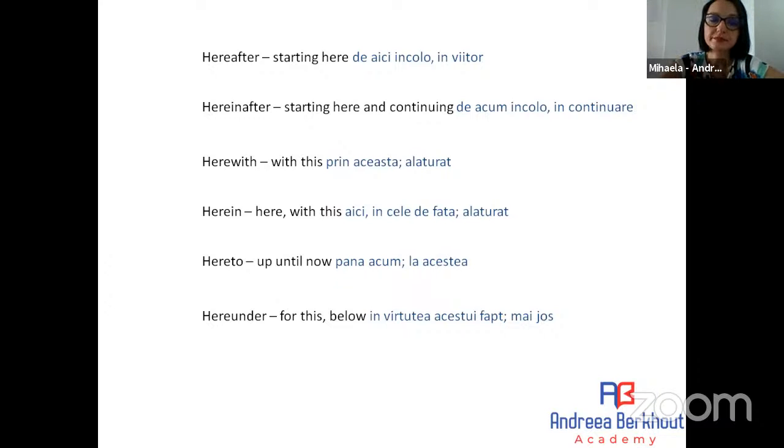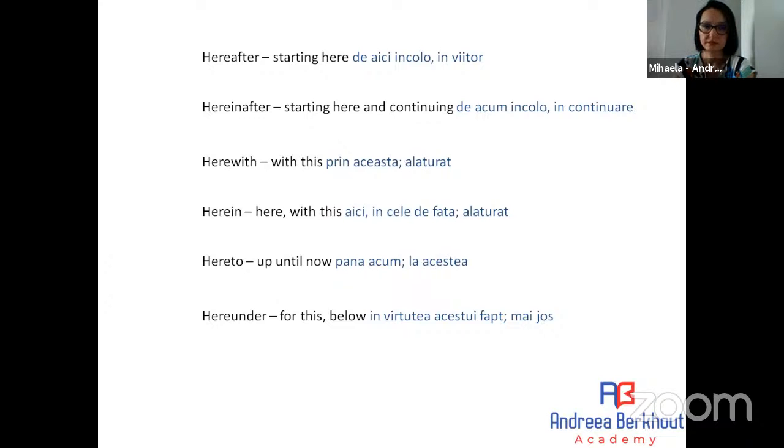Hereafter. Do I read the meaning? Yes. Also the Romanian part. Okay. Starting here, de aici încolo, în viitor. Here and after, starting here and continuing. De acum încolo, în continuare. Herewith, with this. Prin aceasta, alăturat.